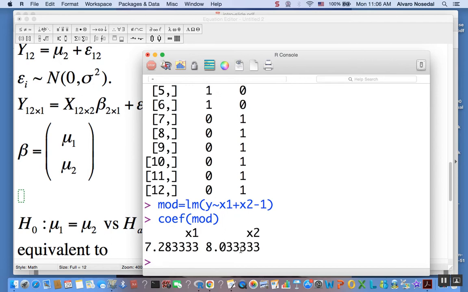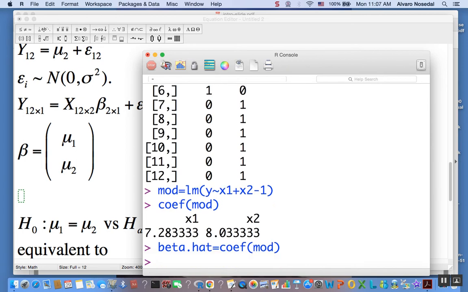Okay, let's keep going. So it turns out that those guys are our beta hat, right? Those coefficients form our vector beta hat. Let me save that there.